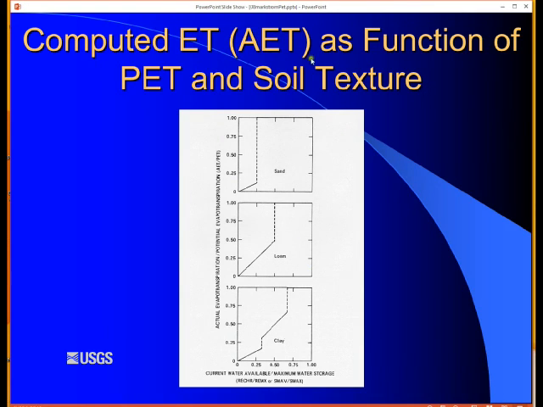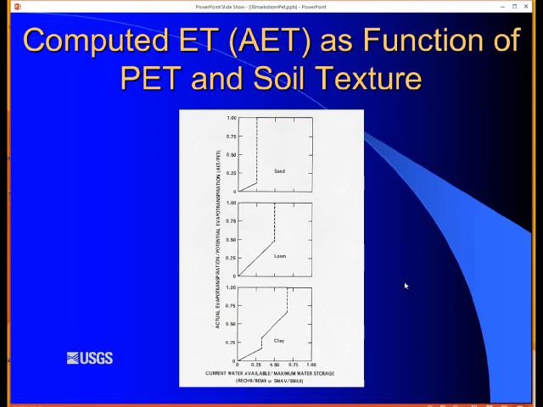we're computing actual ET. And so depending on the soil type, you get a ratio of the actual to potential evapotranspiration and the ratio of the antecedent soil moisture to the total soil moisture. And depending on the soil type, you can come in with the water availability and you'll get the ratio of actual to potential ET.